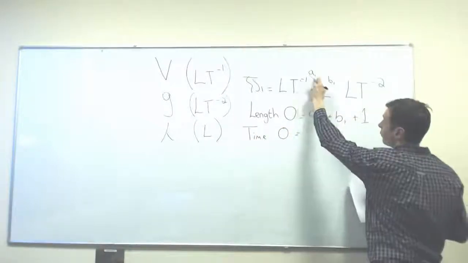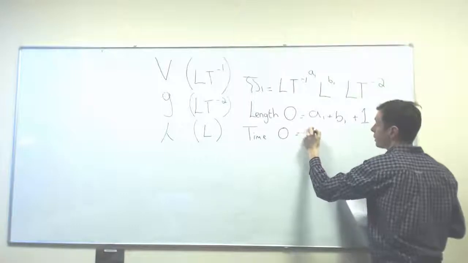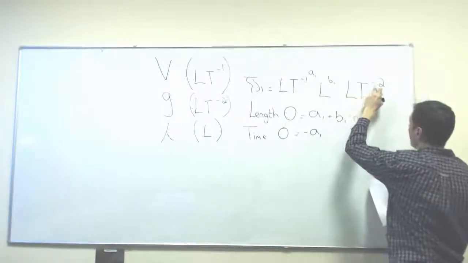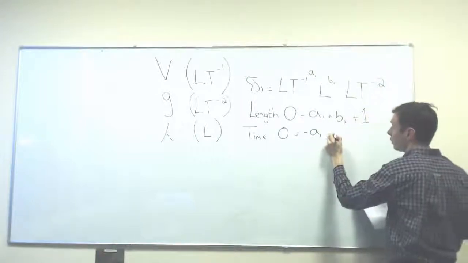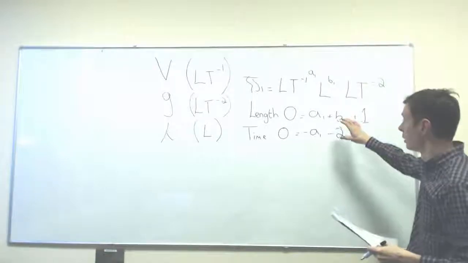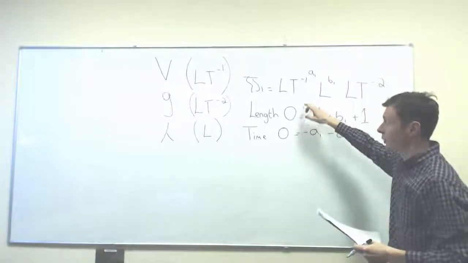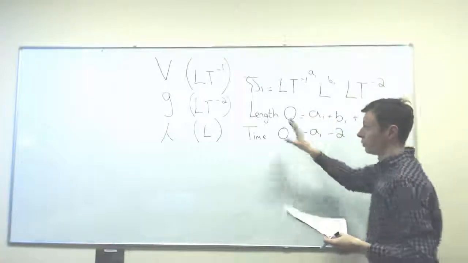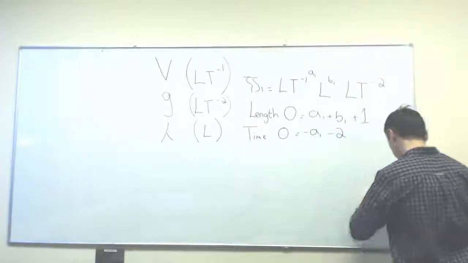And the same for time, we've got 0 equals minus A1. So we've got time to the -1 to the power of A1, and then -2 there. Okay, these first two steps are the ones to take very carefully when we're actually doing it, after we've chosen the repeating and the fixed variables.